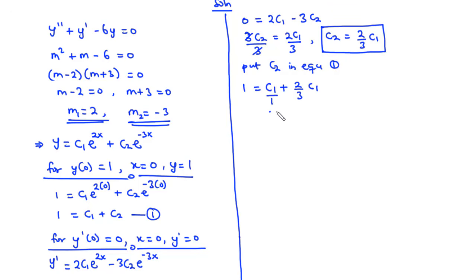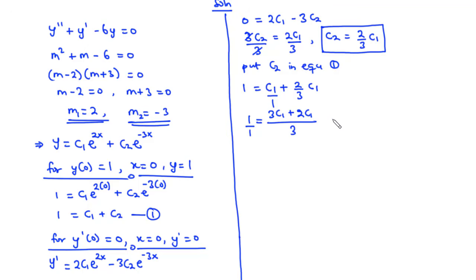We want to find the LCM. The LCM of 1 and 3 is 3. 3 divided by 1 is 3, 3 times c1 is 3c1, plus 3 divided by 3 is 1, 1 times 2 is 2. So we have 2c1, and that is equal to 1.